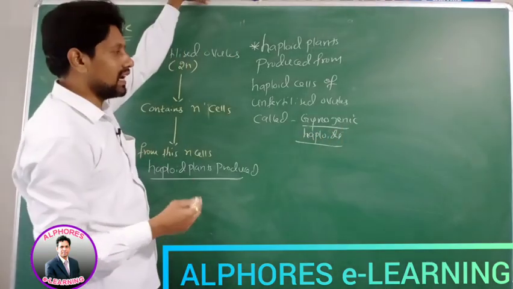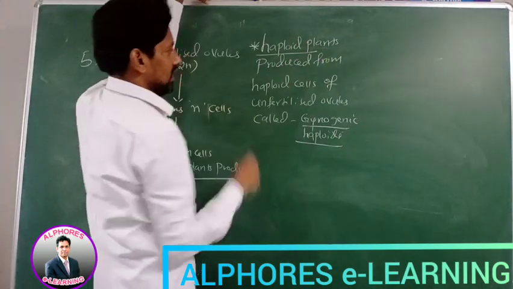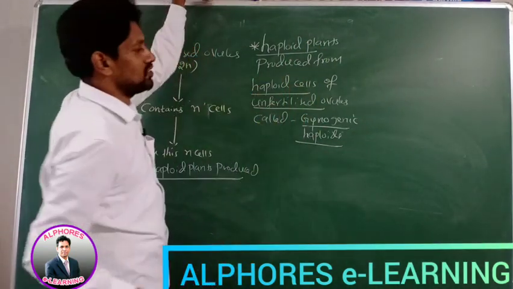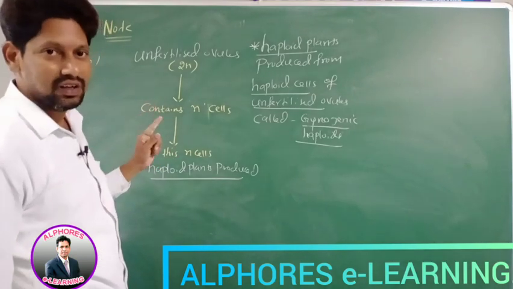Therefore, gynogenic haploids are which plants? Haploid plants. Produced from where? Haploid cells of unfertilized ovules. Is this statement clear? Okay, right?